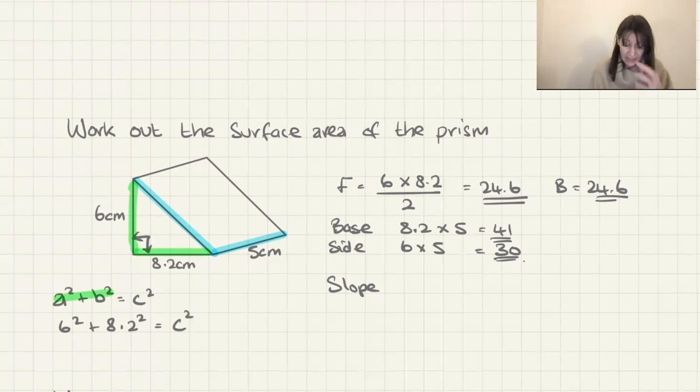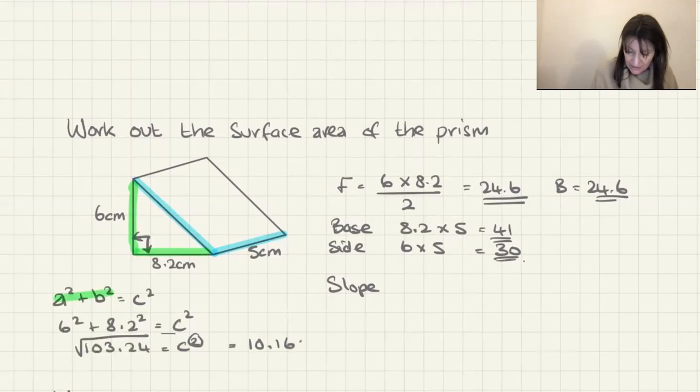I haven't got a letter on there, so I'll just keep the letter that's in the formula. Okay, throw that all the way into my calculator and it's going to give me 103.24 equaling the c squared, and then square root that and you get 10.1607, and on that goes.